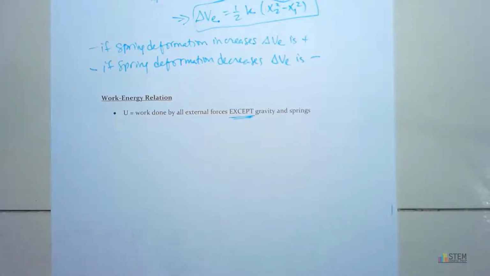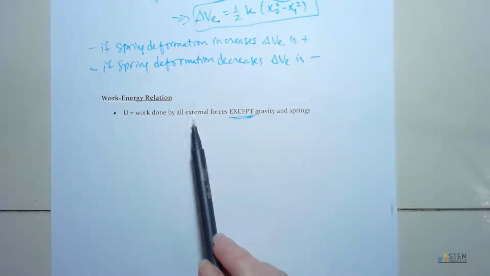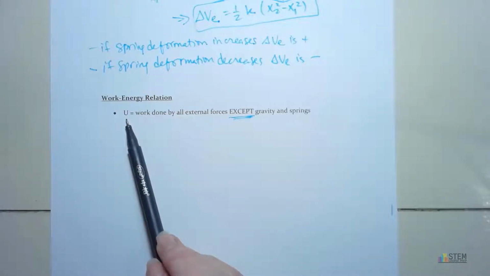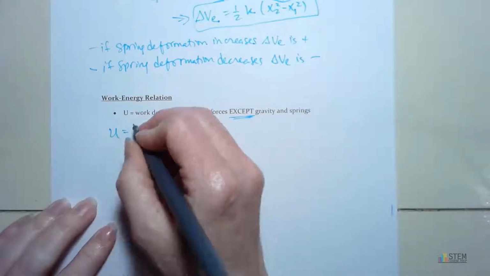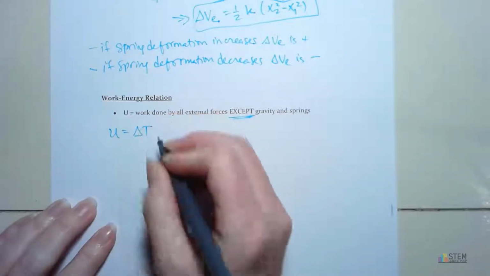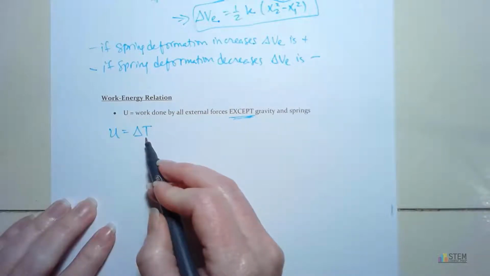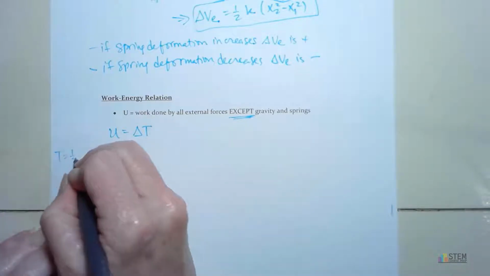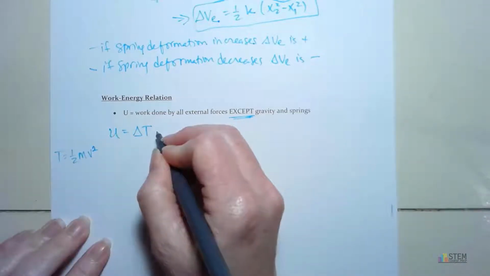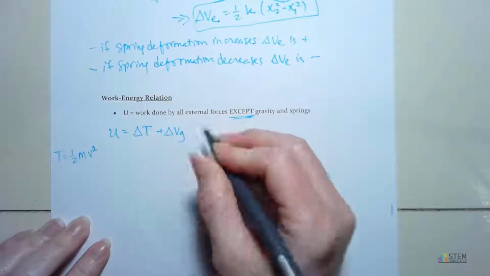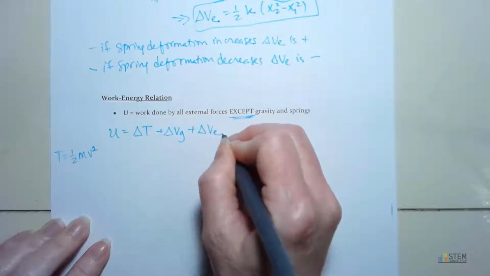Any other external forces that are applied to your particle are going to be taken into account here in U. And we can say that U equals delta T. Remember what T is. T is the kinetic energy, so that is the 1/2 mv squared. Then we're going to have plus delta Vg and then plus delta Ve.